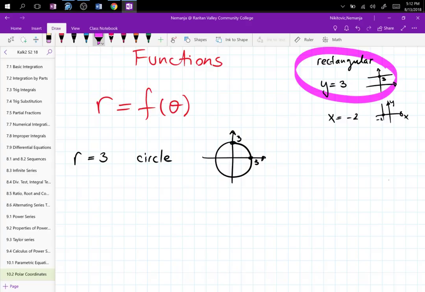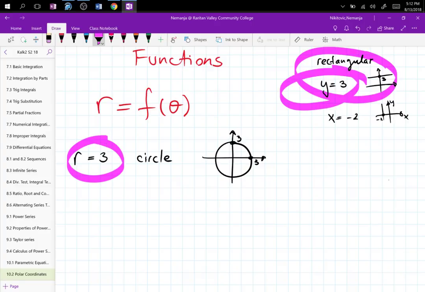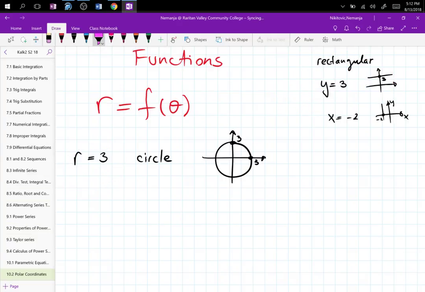Now you have the same thing here. Theta is not mentioned anywhere, just like x is not mentioned anywhere there. So theta takes on all the values from negative infinity to positive infinity. That also includes all the values from 0 to 2 pi, which is enough for us to trace the circle once.